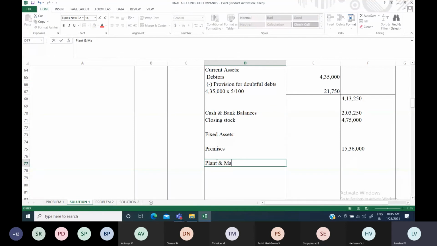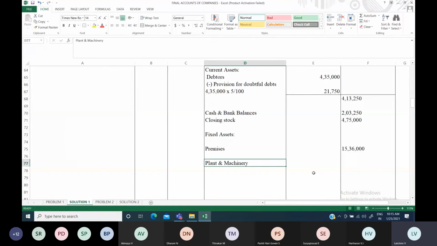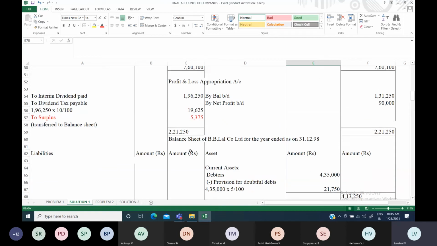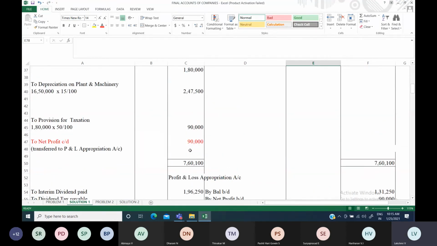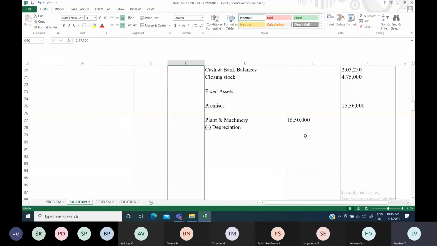In the inner column we have to enter it because depreciation is there. If it is not there, you can mention straight away in the outer column. So minus depreciation. Already we calculated and kept that amount, we can take it here. Depreciation 2,47,500. So just take that amount, 2,47,500. Okay. Now fill it up in the last column, how much you are getting.